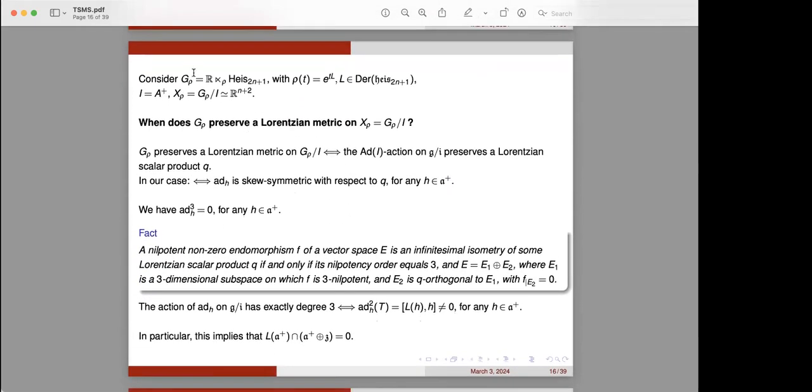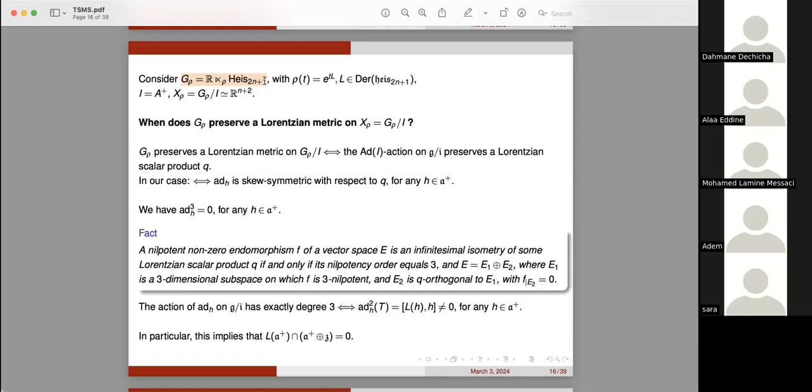Okay, so here, to make it simple, I take a subgroup of the full group, so I remove the compact part. In fact, this group already acts transitively.